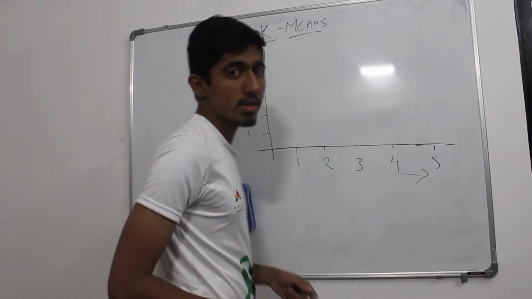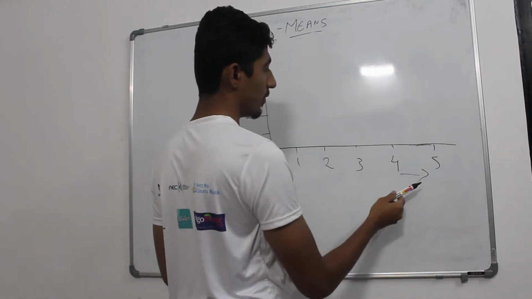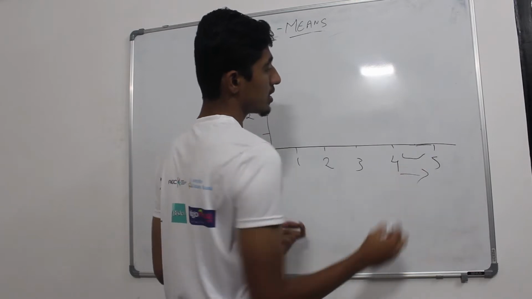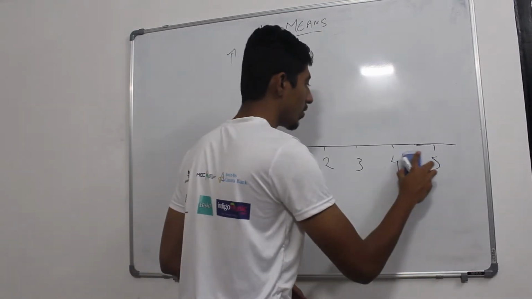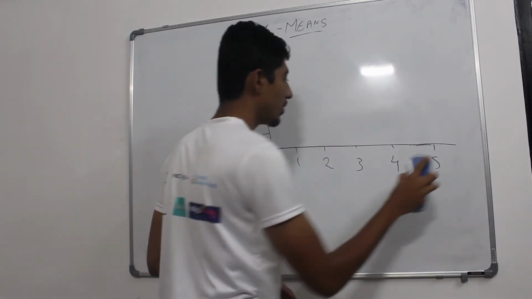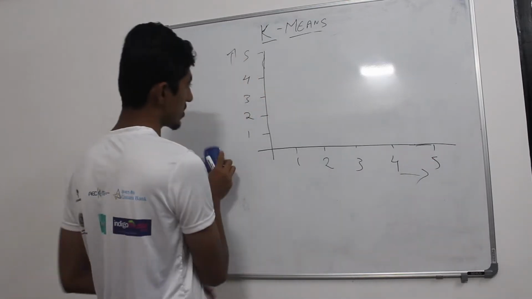I'm not yet going to define what each unit stands for here because I'm just taking a normal example. Let's try to define it as we progress through the class.